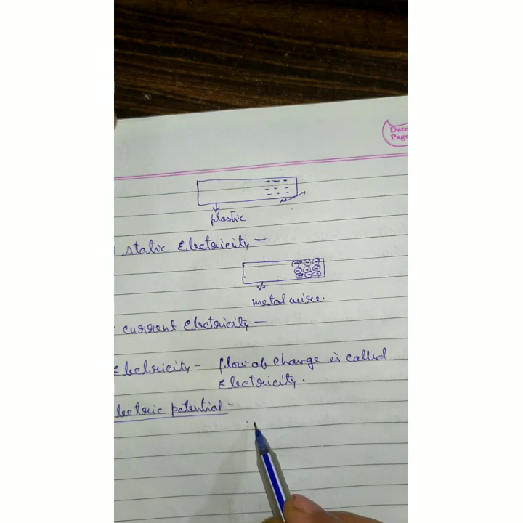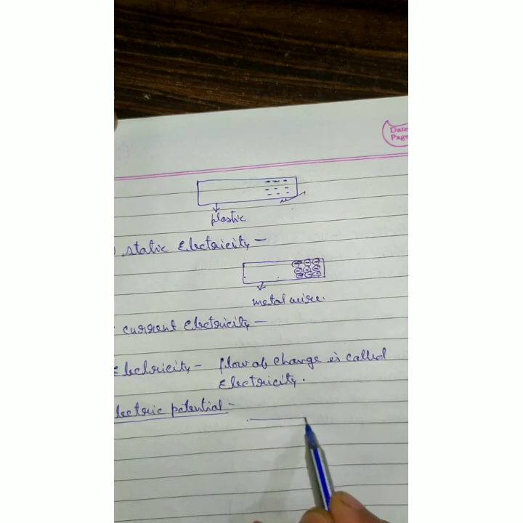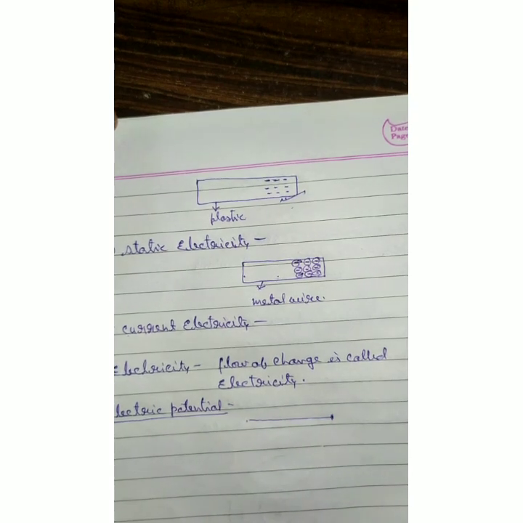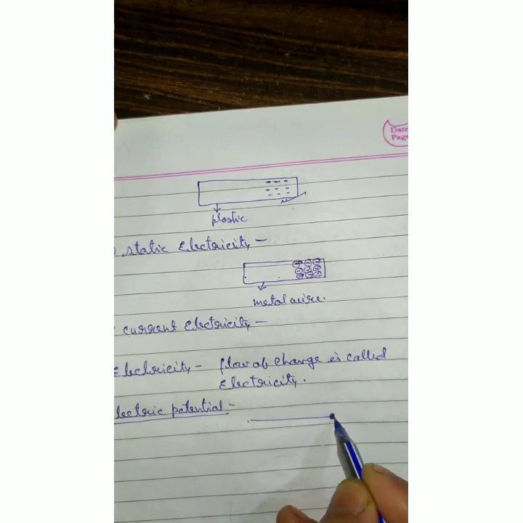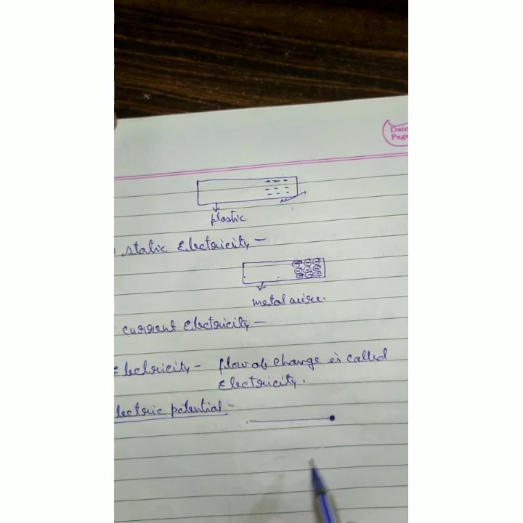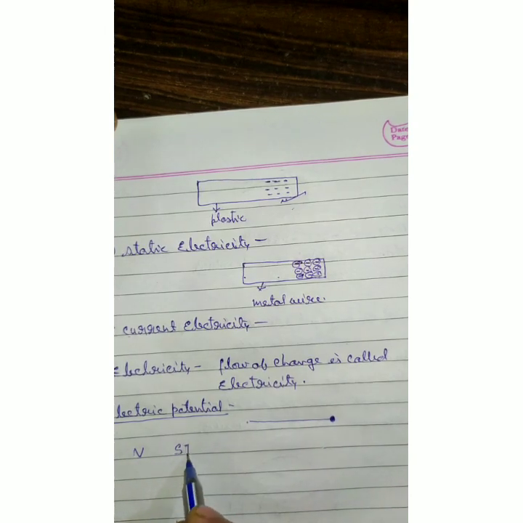Electric potential is defined as the work done in an electric field when a unit charge moves from infinity to a point. It is known as the electric potential of that point, and it is represented by capital V, and its SI unit is volt.